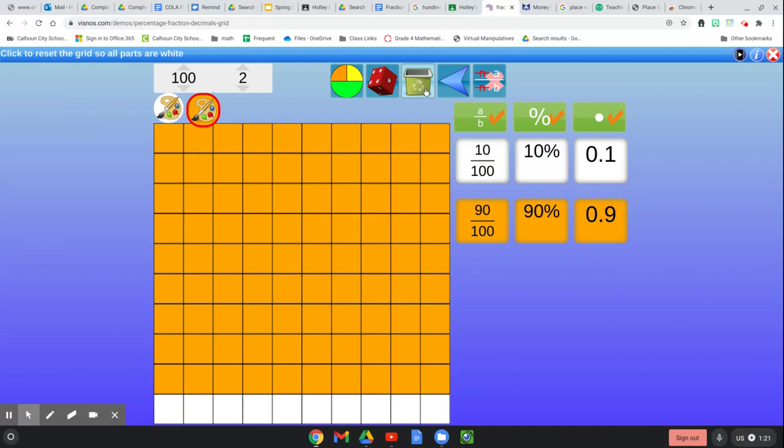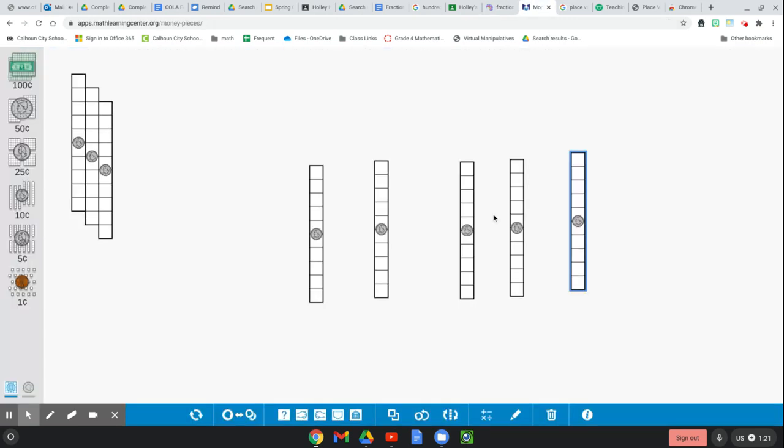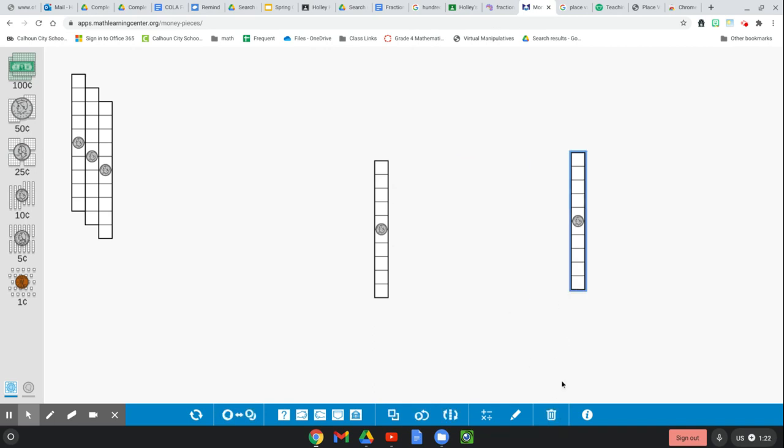All right, let me show you. Here is 3 hundredths. Also, I can show you this way. Let's see if I can delete all these really quick. I'm sure there is an easier way. Y'all just let me know. Okay, so 3 hundredths.